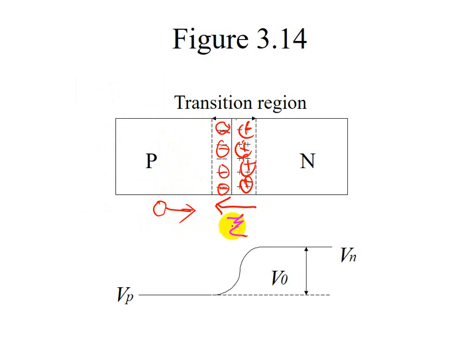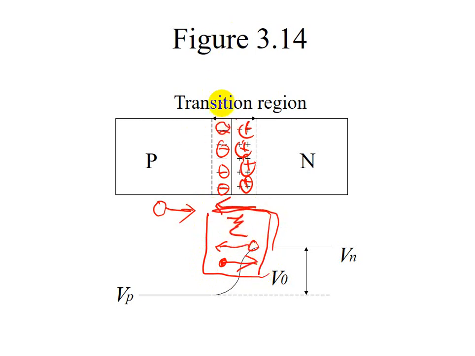Because the electrical field basically tries to push holes to the left, along the electrical field direction, and electrons in the opposite direction. This is what the electrical field tries to do.